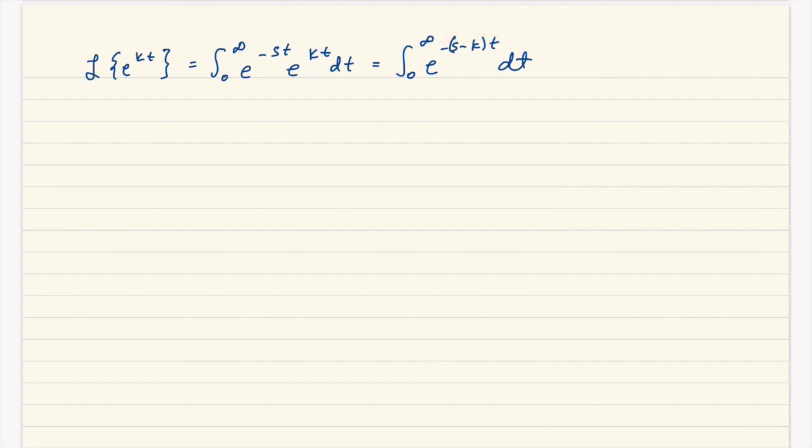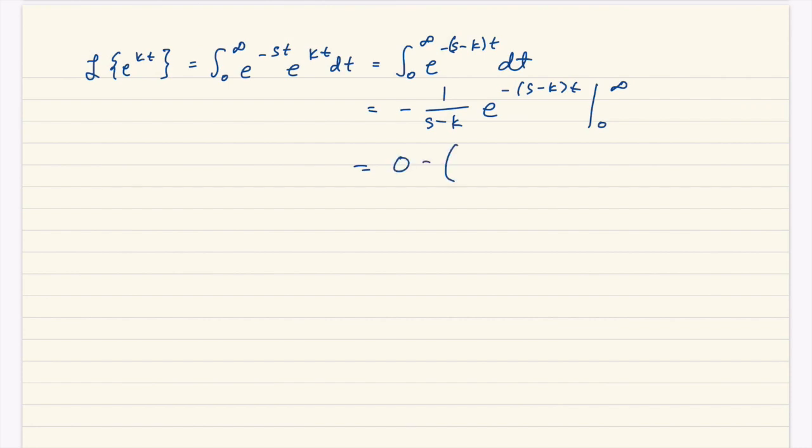That's what we did. So if we integrate this, we end up with negative 1 over s minus k times e to the negative s minus k t evaluated from 0 to infinity. When t goes to infinity, this goes to 0.